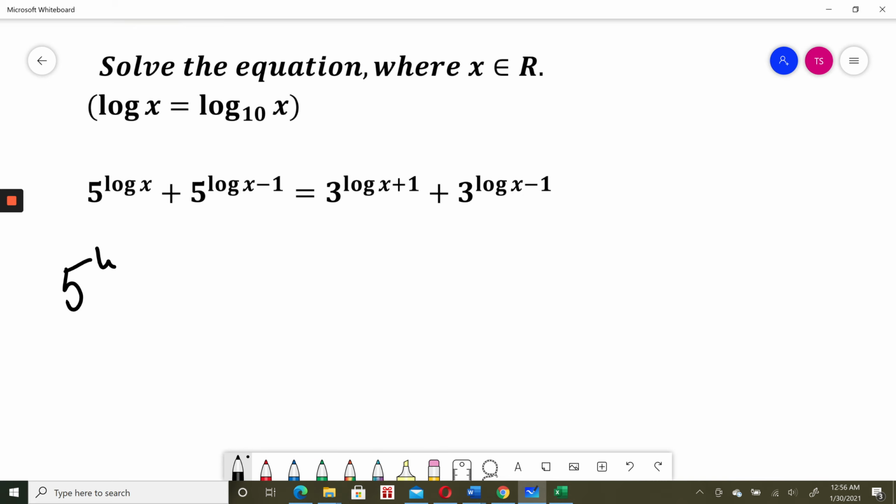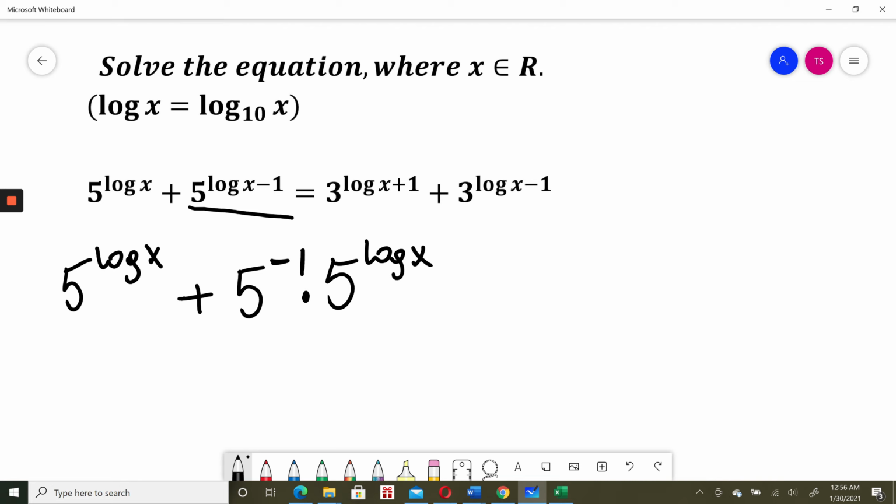So 5 log x. At this moment, I'll write that step as 5 to negative 1 times 5 to log x. If we have the same base, we add powers, so this will be the same.